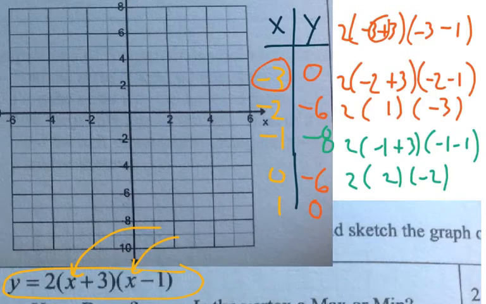All I need to do is graph now. So -3 is 0. -2 is -6. -1 is -8. 0 is -6. And 1 is 0.